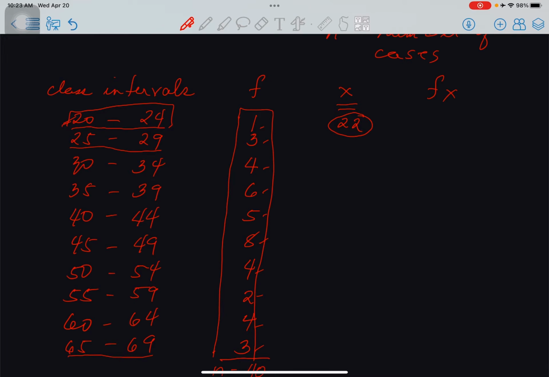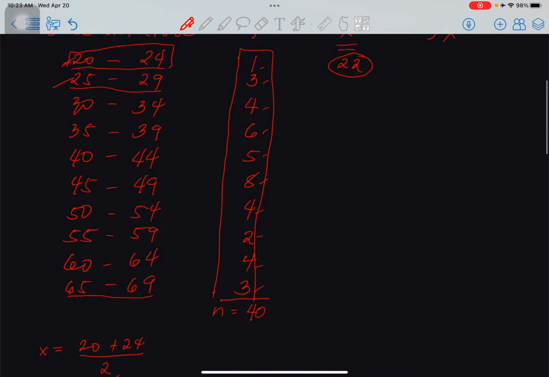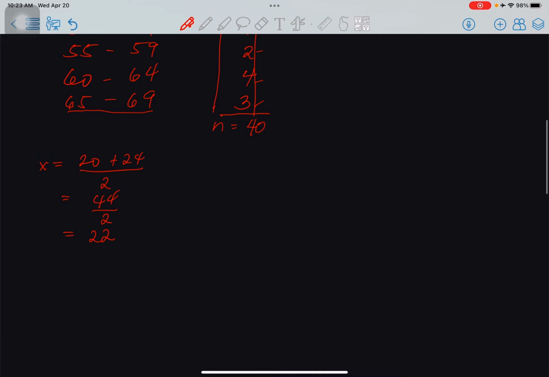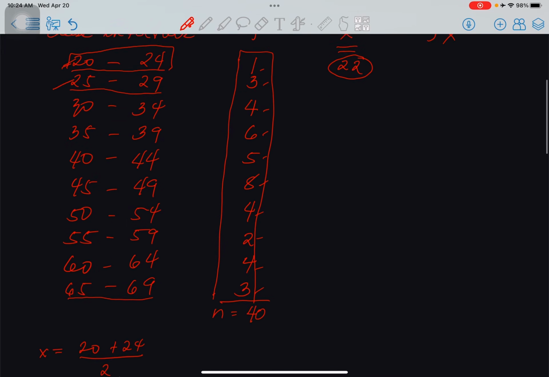The same process will also be followed when we get the midpoint of 25 to 29. You add 25 plus 29 divided by 2. So we have 54 divided by 2. So we have now our midpoint. It is equal to 27.